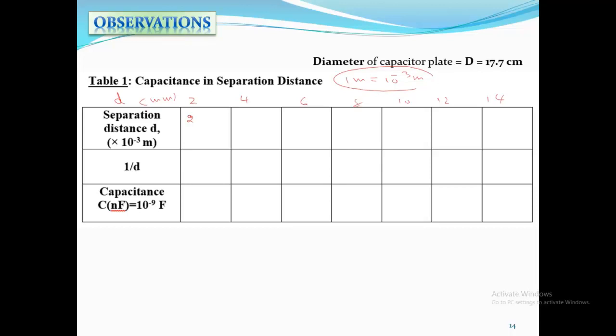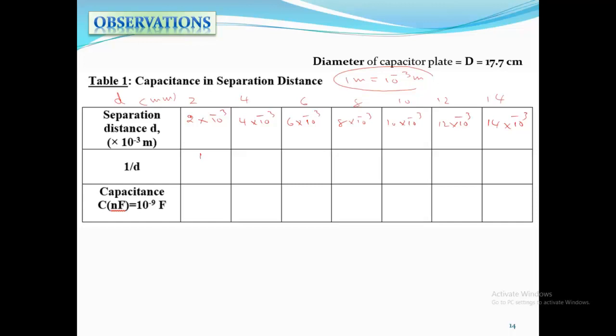So 2 multiplied by 10 raised to the power minus 3, 4 times 10 raised to the minus 3, 6 times 10 raised to the minus 3, 8 times 10 raised to the minus 3. Okay, we always use SI units. So this is 1 by d.